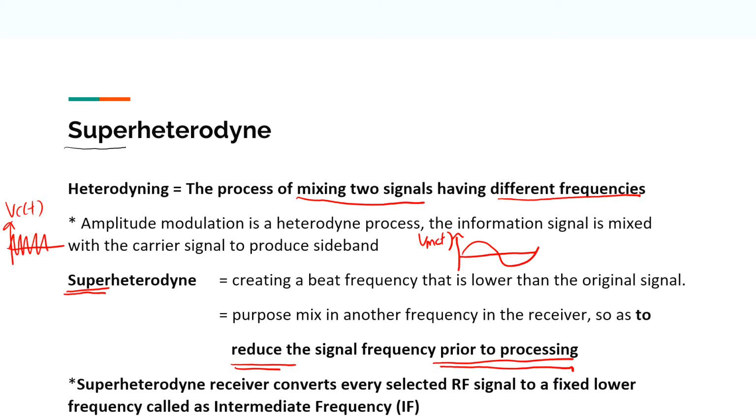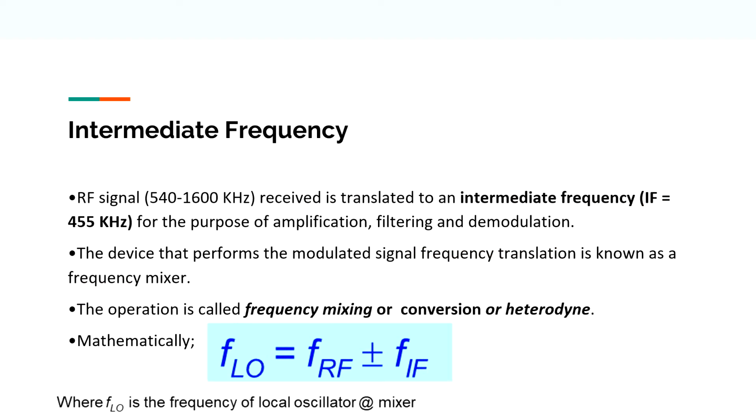The superheterodyne receiver converts every selected RF signal to a fixed lower frequency called the intermediate frequency. What is intermediate frequency? We have a high range of radio frequency signals, and the superheterodyne will translate them into one frequency value, the intermediate frequency, which is 455 kilohertz, for the purpose of amplification, filtering, and demodulation.